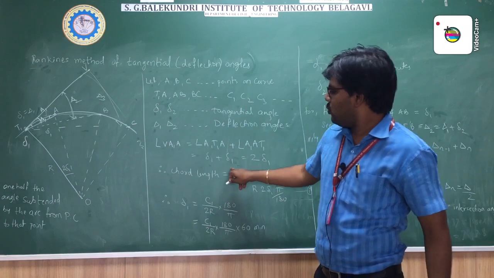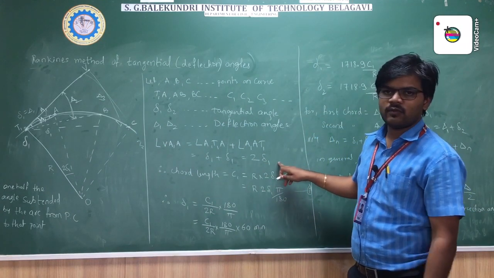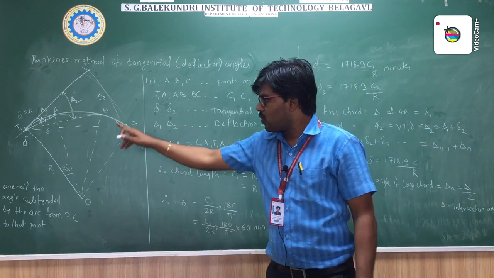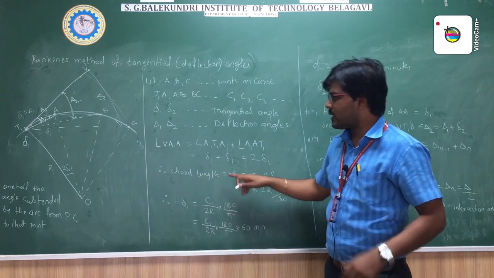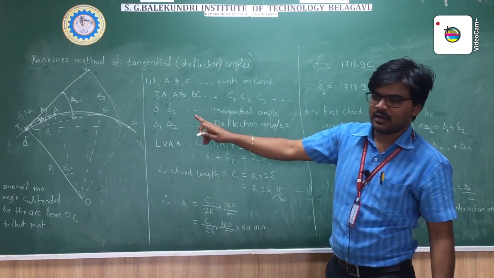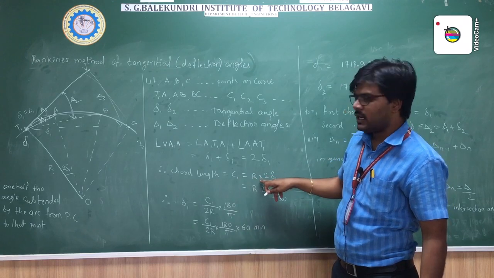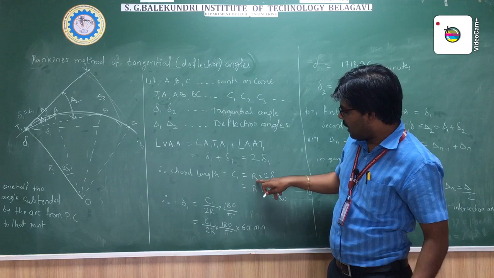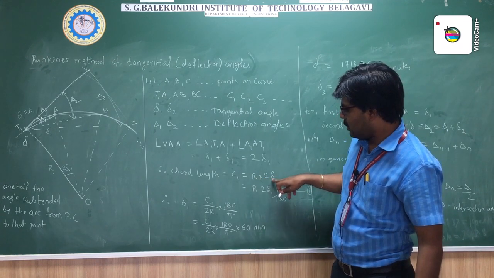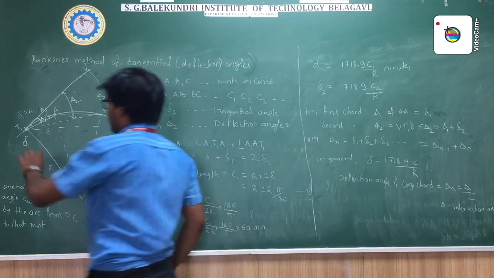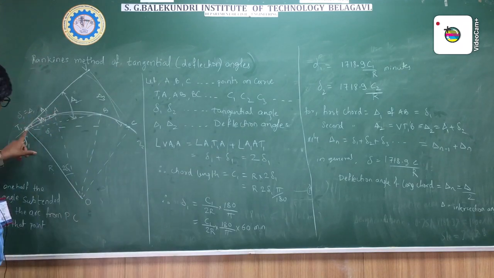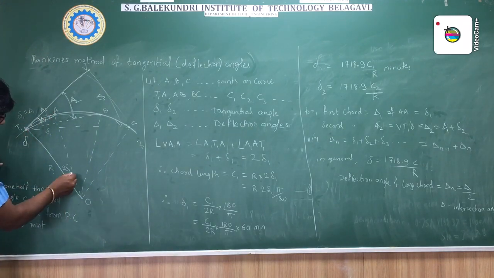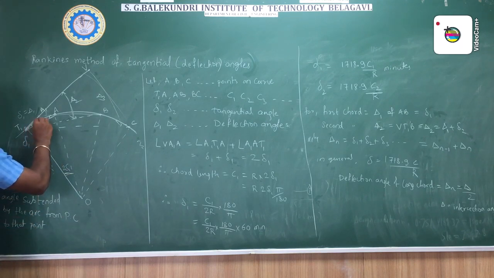Delta 2 is taken as 2 times delta 1. Therefore, the chord length C1, that is nothing but T1A in the figure, is taken as R theta, where R is the radius and theta is 2 delta 1, 2 times the tangential angle, so that I can calculate the arc T1A.